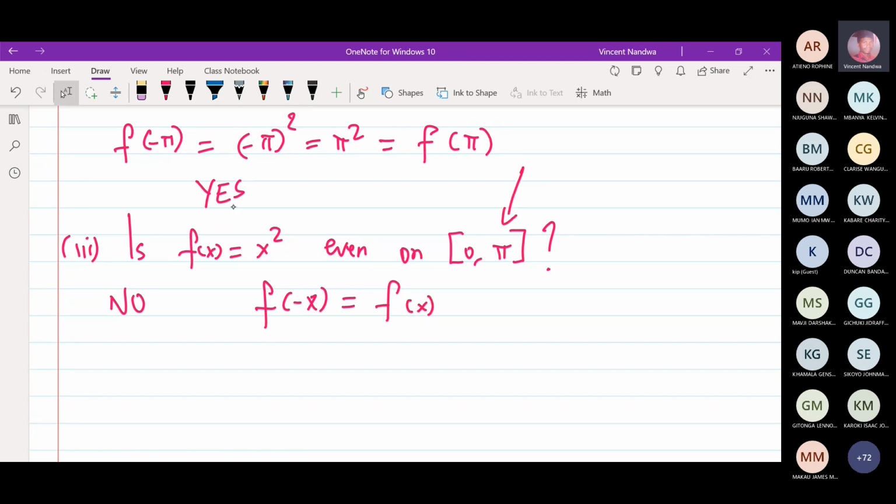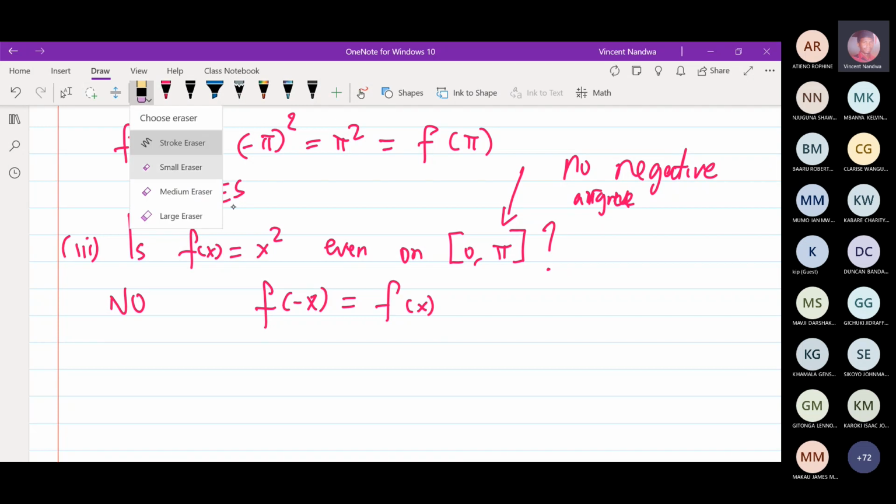So in this interval, there are no negatives. So there are no negative arguments that will actually satisfy the definition of the evenness of a function on that given domain.